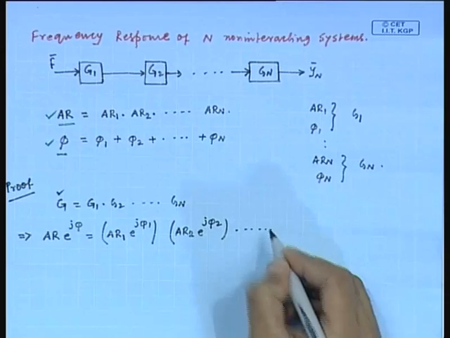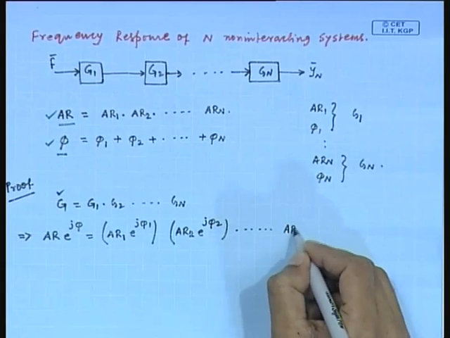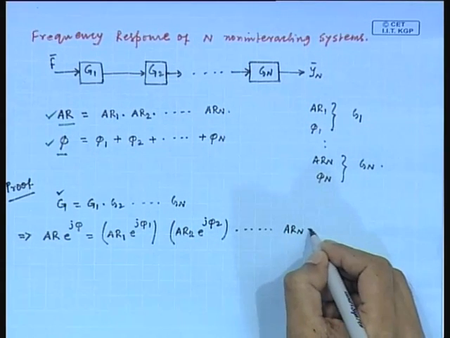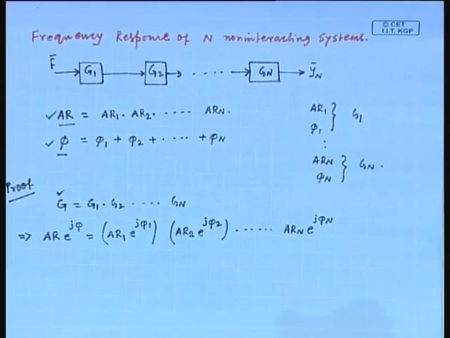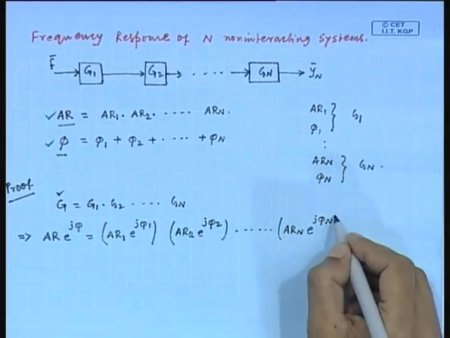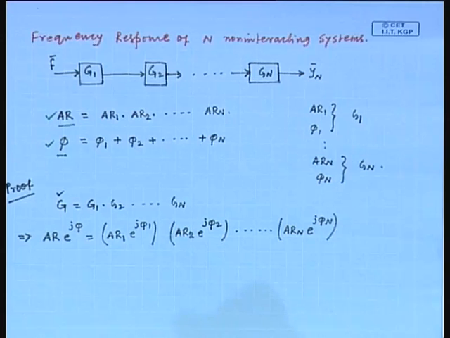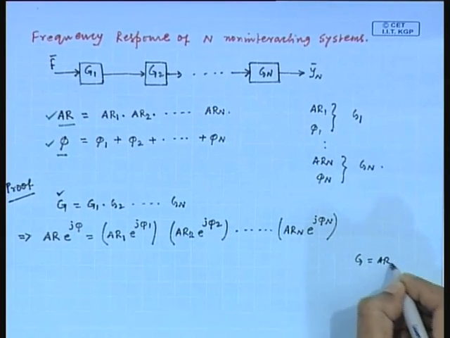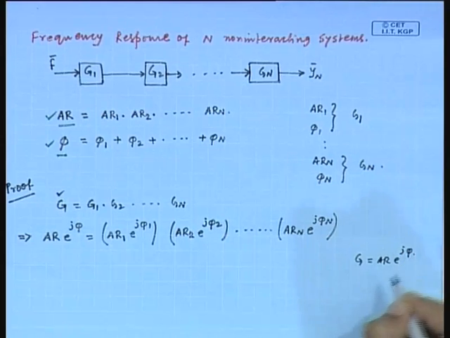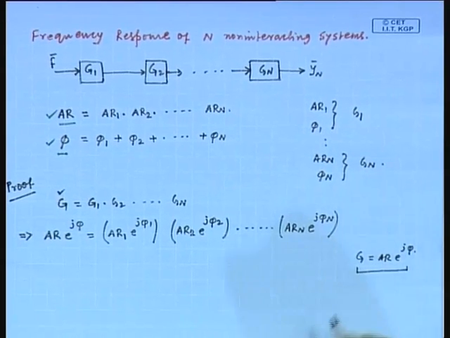By this way, the Gn becomes amplitude ratio n exponential j phi n, fine. We represented the transfer function in polar form. So, generally we write G equals amplitude ratio exponential of j phi. In polar form, we can write the transfer function in this way.